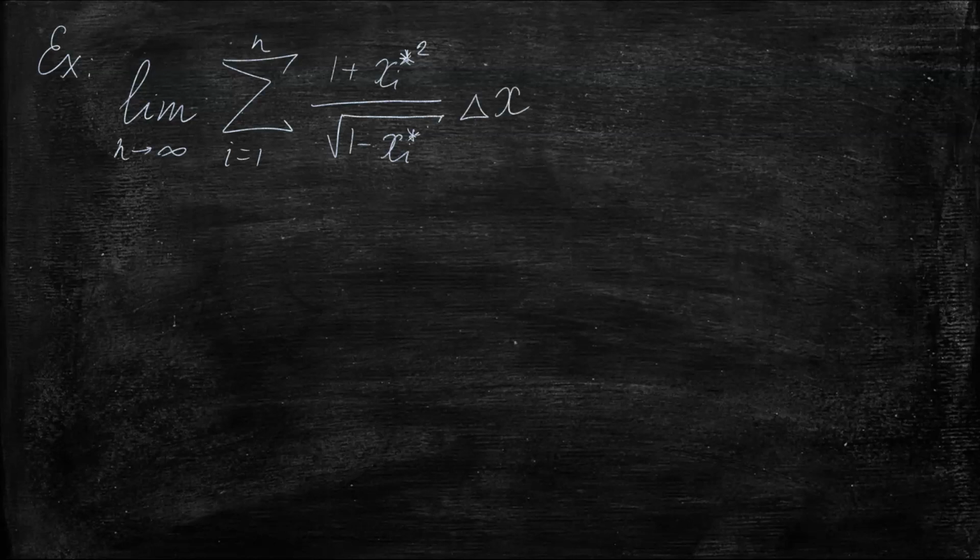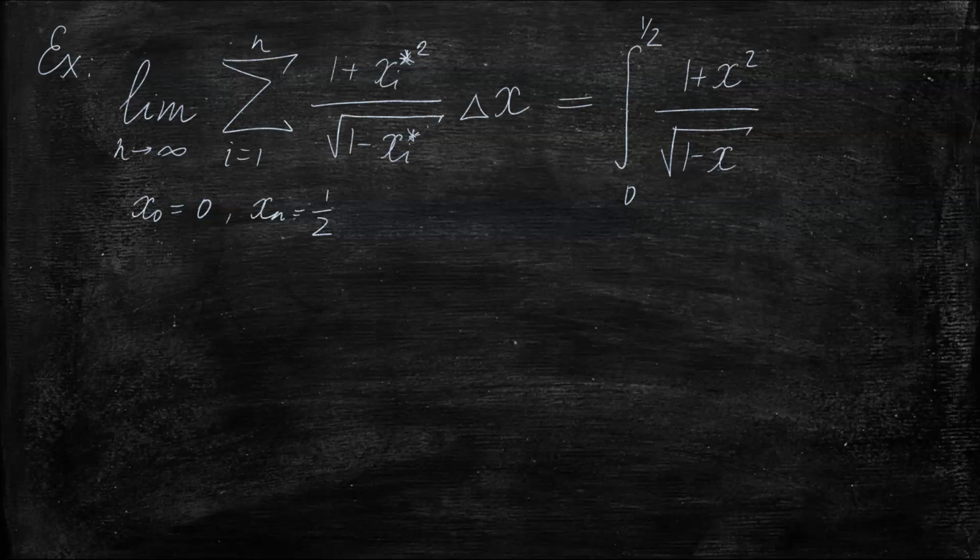And if somehow it's communicated to us that x0 is 0, then we're going to look at this expression and recognize that, hey, this is just an integral from 0 to 1/2 of the following function, and we're going to be able to extract this function from that sigma expression.